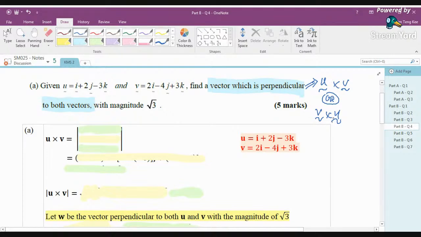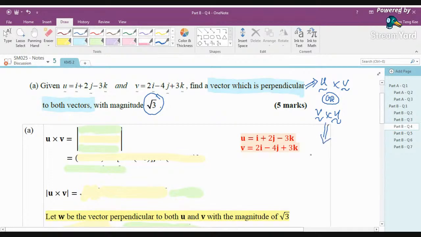However, this cross product does not necessarily have a magnitude of square root of 3. How do we make the cross product give a magnitude of square root of 3? What I suggest is this idea: first, we find either one of these cross products.